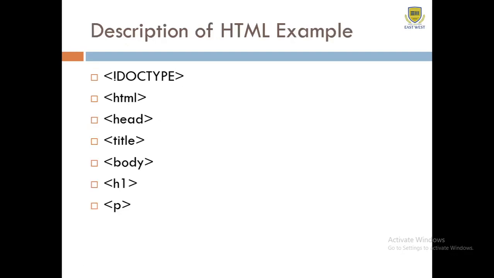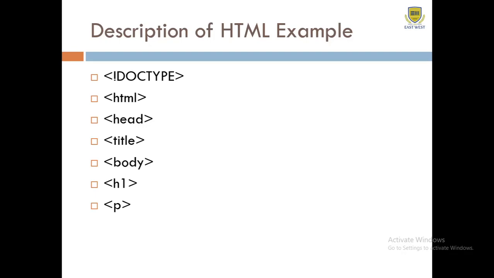Here is the description I gave for each of these. Let me revise that. Doctype defines the document type, or it instructs the browser about the version of HTML, what type of HTML version it is. Next is the HTML tag. This tag informs the browser that it is an HTML document.